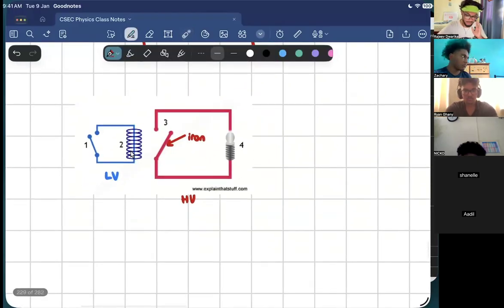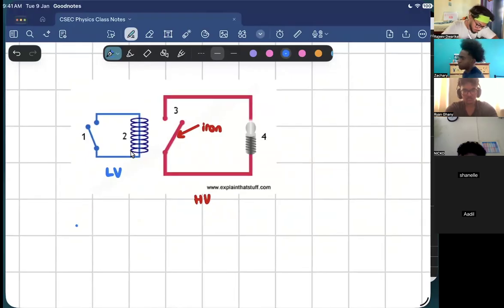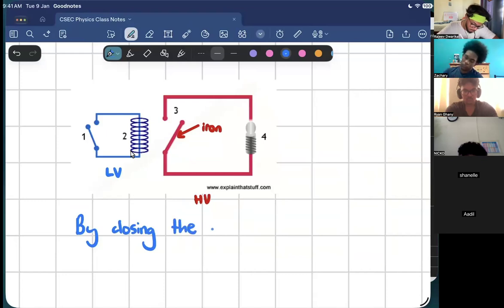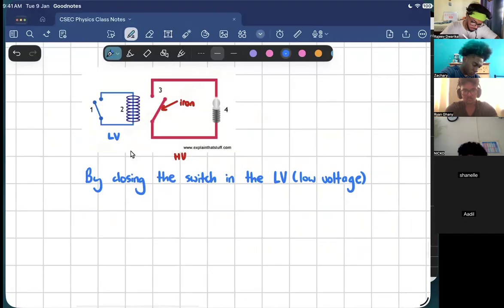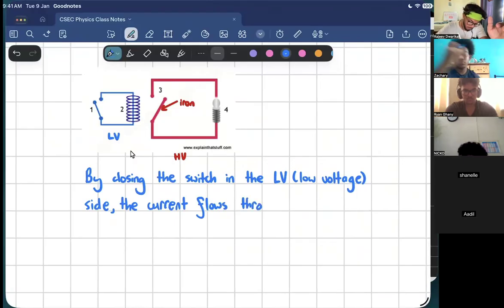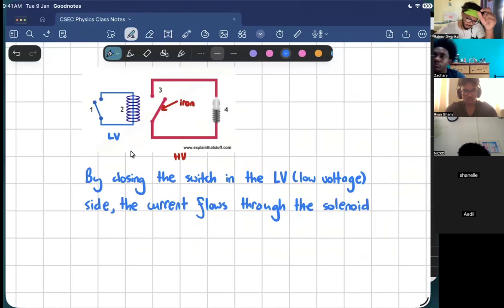Let me try to explain that. By closing the switch in the low voltage side, let me try to sound fancy, we'd say the current flows through the solenoid to create a what?